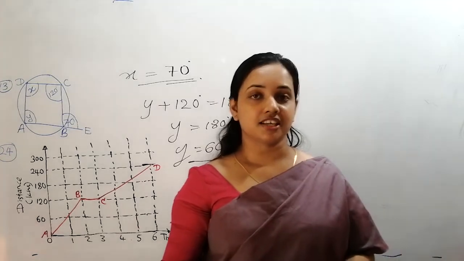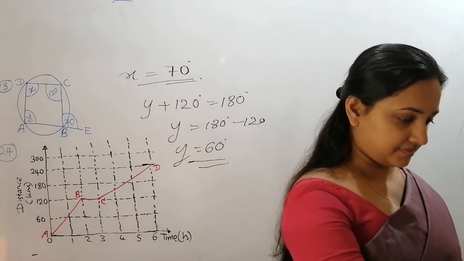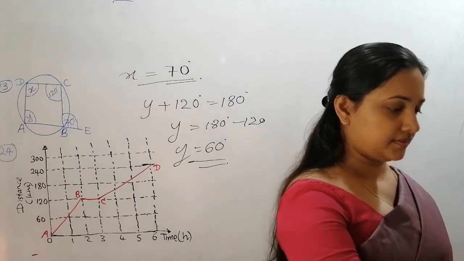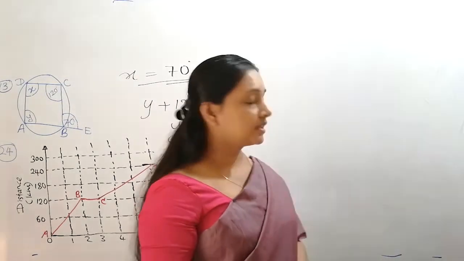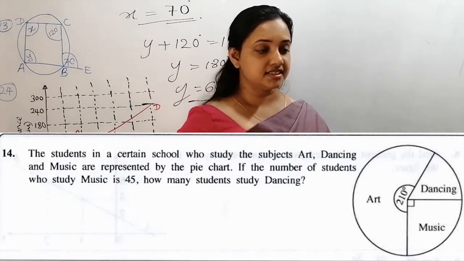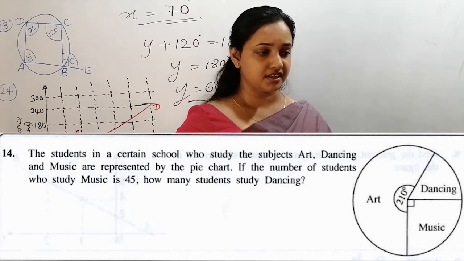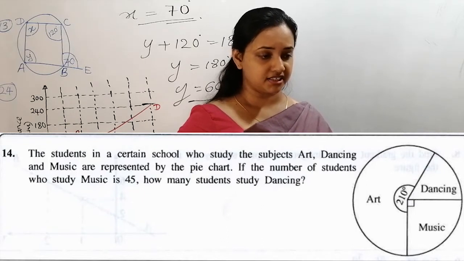Then look at question number 14. Read the question first. The students in a certain school who study the subjects art, dancing and music are represented by the pie chart.